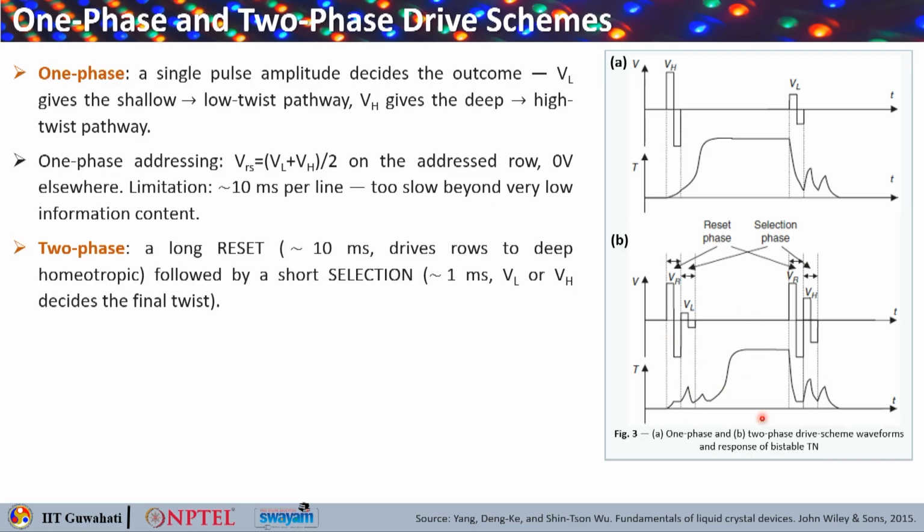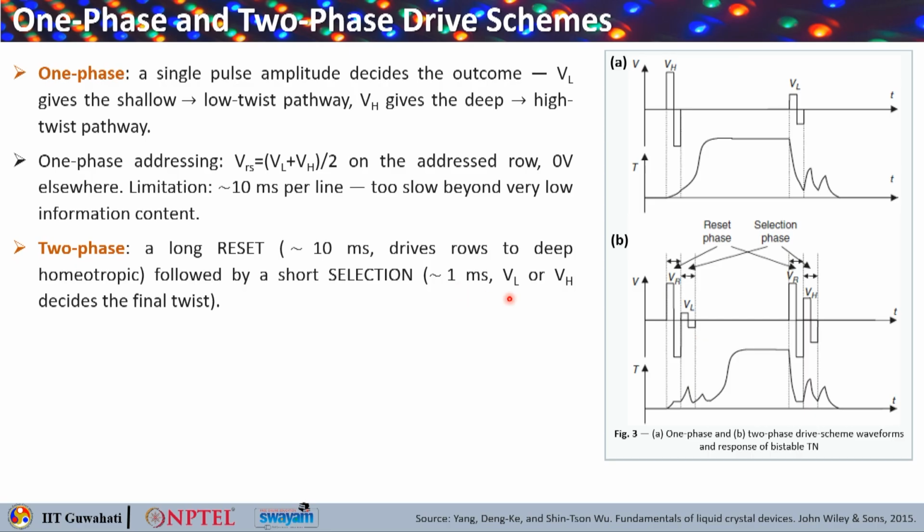Now let us look into the 2 phase. Here what happens is you basically have a long reset of around 10 millisecond that drives rows to deep homeotropic phase. Okay, and then you follow it with a short selection of 1 millisecond.